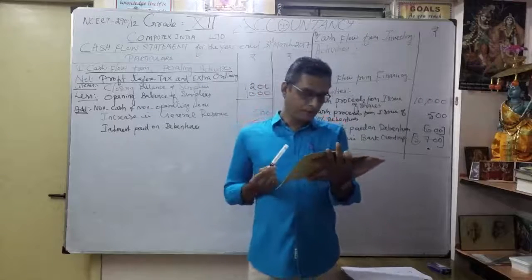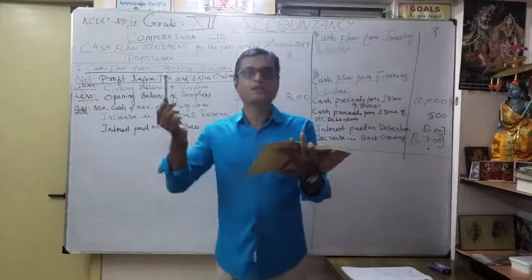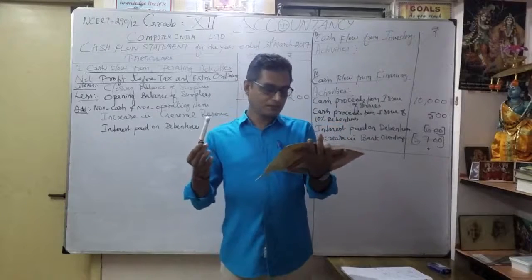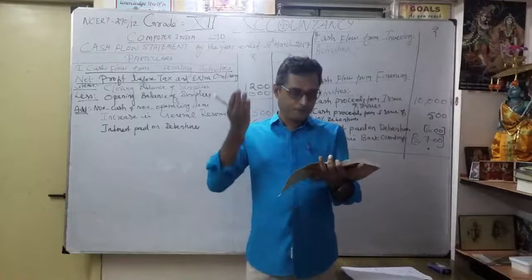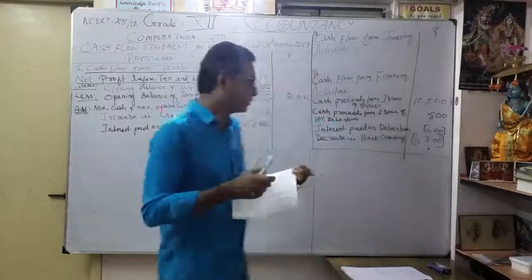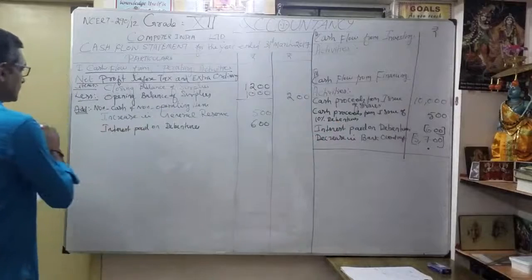Okay. Then trade payables. So what happened? Trade payables 2016 12,000. Now 2017 become 11,000. So what happened? Our current liability, increase or decrease? It is decreased. You know very well where you have to write. So give some space.